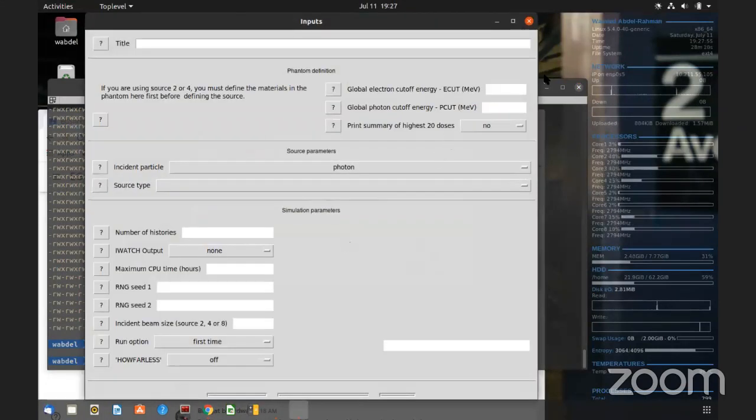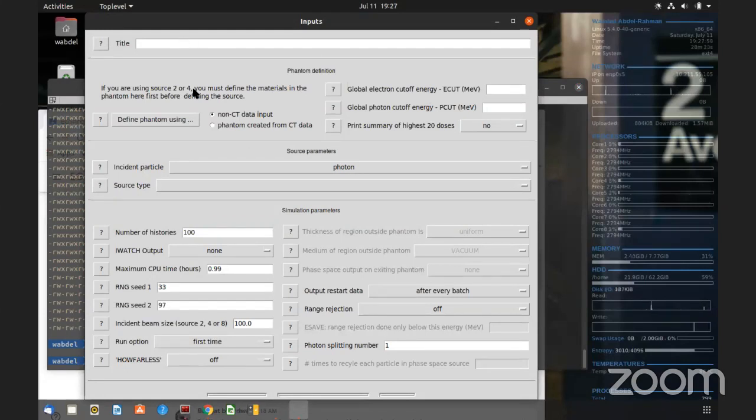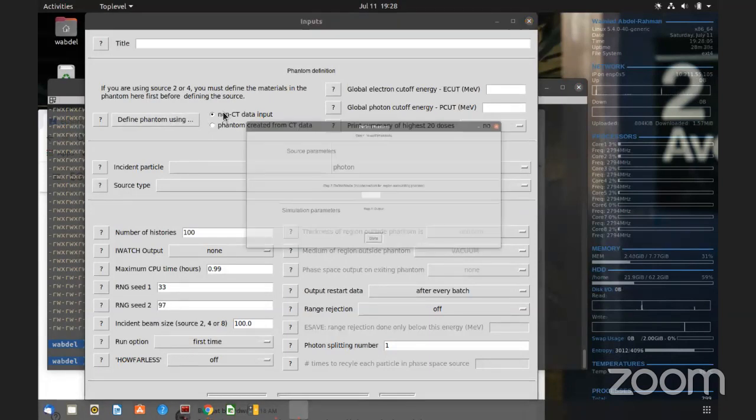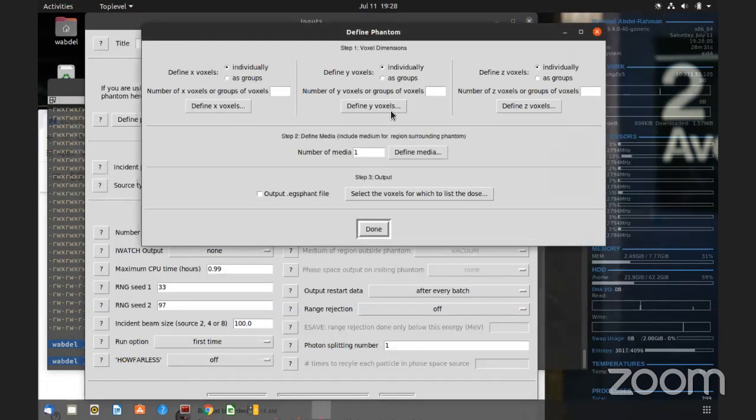Okay. So the only thing you need to be aware of is now here, okay? In the past, we were using non-CT data input, and we were defining voxels and groups, and then defining the medium. And then we were generating the egsphant file so that we can show it in the dosxyz show. We don't need to do this now, okay?